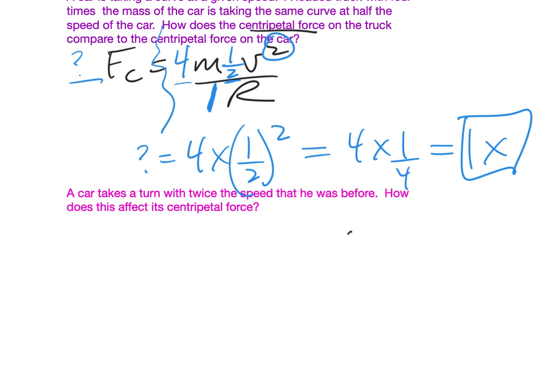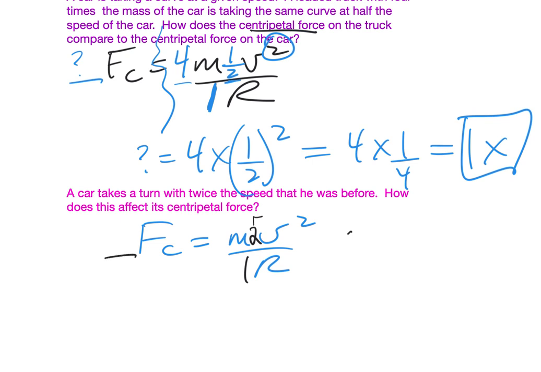How about this one? This is simple. FC equals mv squared over r. He takes a turn at the same radius, twice the speed that he had before. How does this affect the car's centrifugal force?